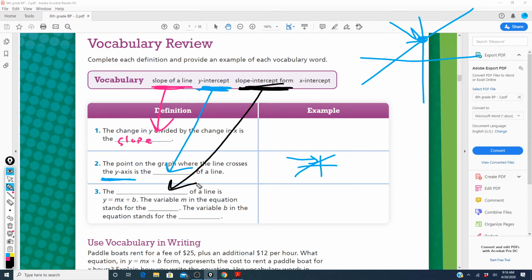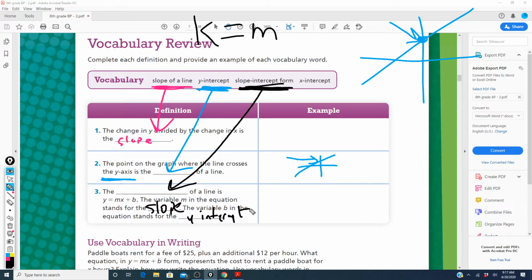The variable m in the equation stands for the slope. We just talked about the k equaling the m. It's the slope. The variable b in the equation stands for the y-intercept.